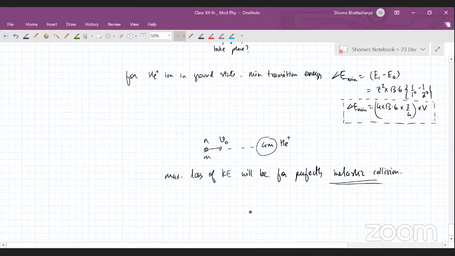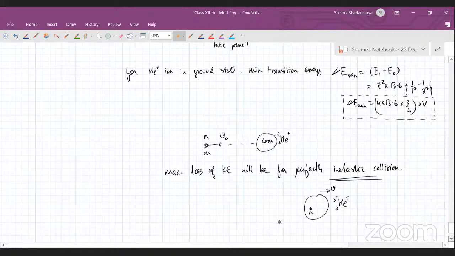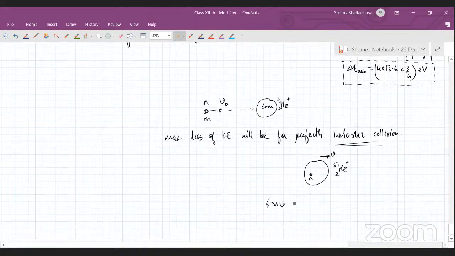So for perfectly inelastic collision, after collision, this becomes some kind of an isotope, you can say, because that neutron would be inside it, but going at some speed v. So 5 mv should be equal to mv naught. So v is equal to v naught by 5.